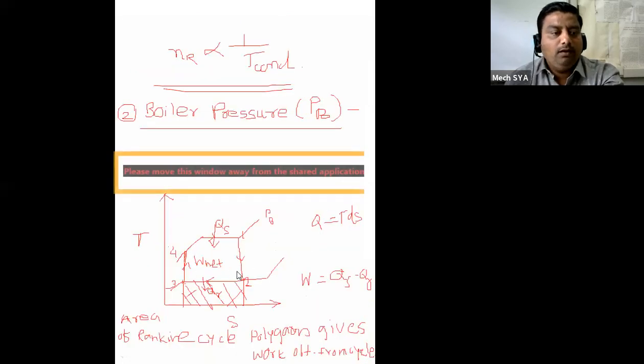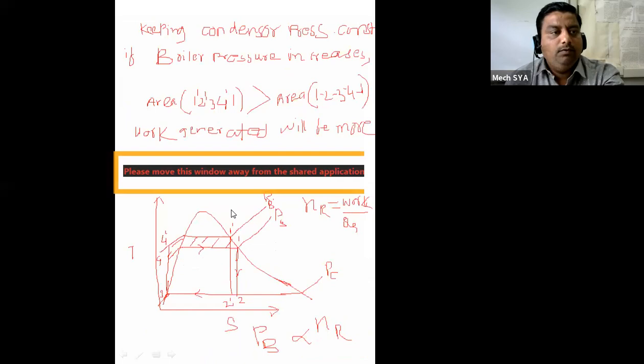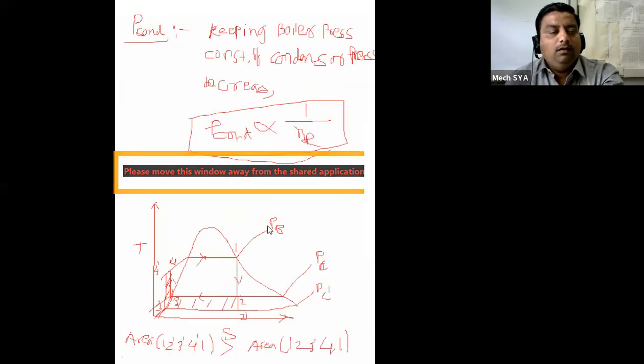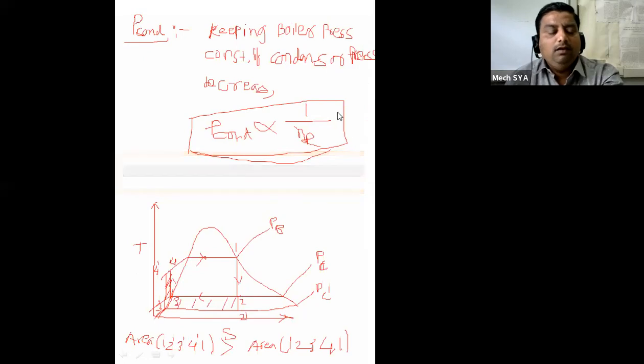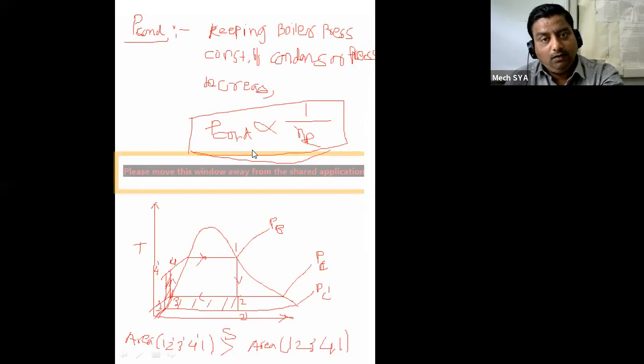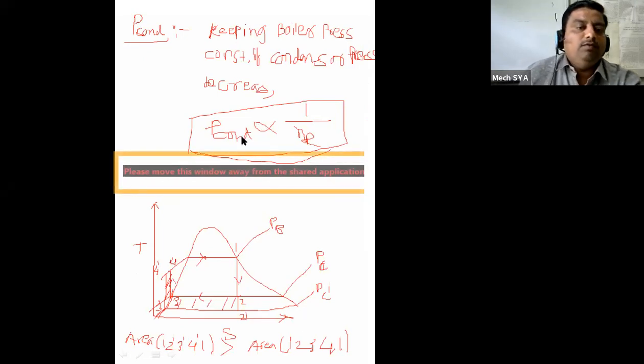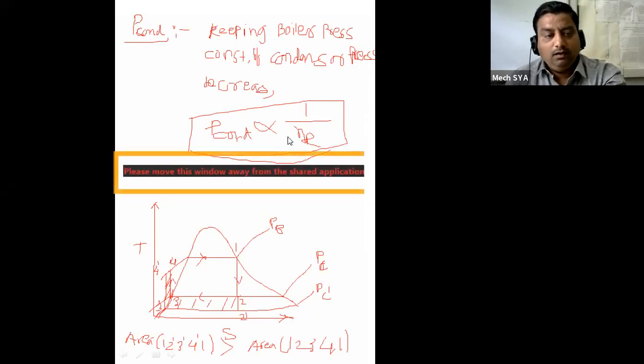We know that the area of the Rankine cycle polygon gives the work. Keeping condenser pressure constant, if boiler pressure increases, the area of the polygon increases. It increases the work done, and therefore efficiency also increases. Therefore, boiler pressure is directly proportional to eta Rankine. Keeping boiler pressure constant, if condenser pressure decreases, the area increases and efficiency increases. So condenser pressure is inversely proportional to Rankine cycle efficiency.